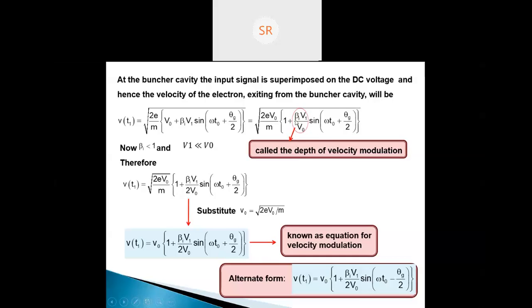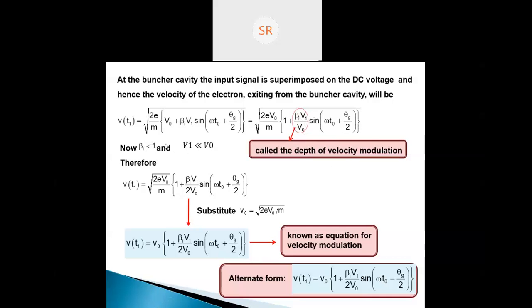The depth depends upon the beam coupling coefficient, and the beam coupling coefficient depends upon the gap transit angle. So this particular factor, the beam coupling coefficient together with the input signal and V0, is called the depth of velocity modulation.